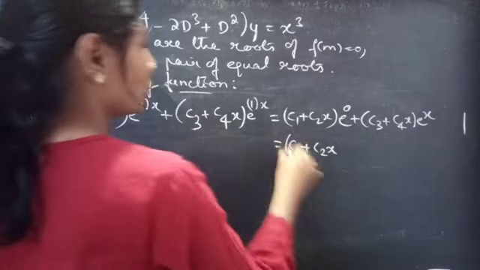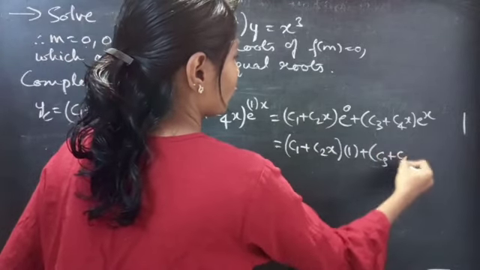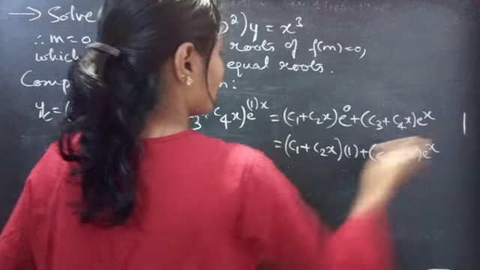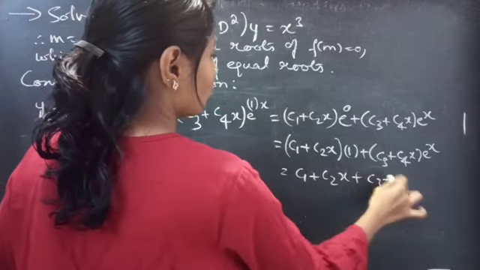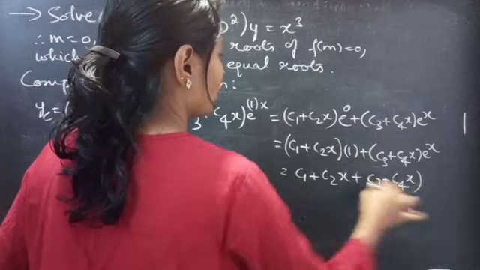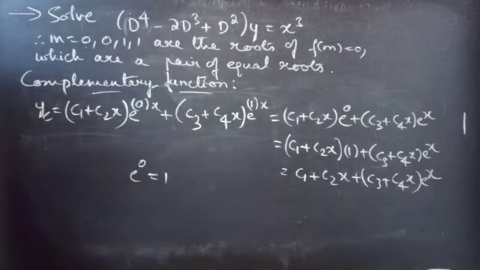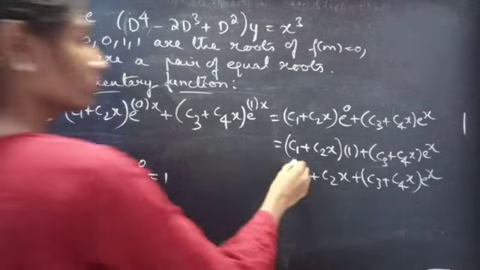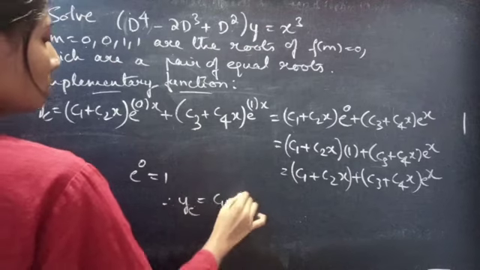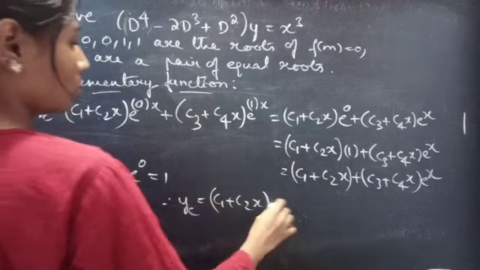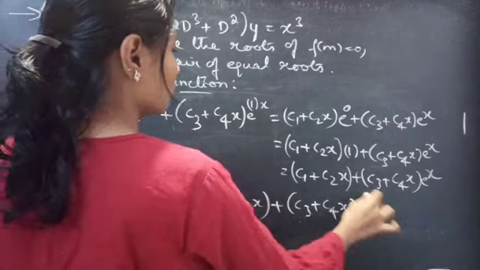So you get into 1, plus (c3 plus c4x) into e power x, which equals (c1 plus c2x) plus (c3 plus c4x) into e power x. Therefore, y equals (c1 plus c2x) plus (c3 plus c4x) into e power x.